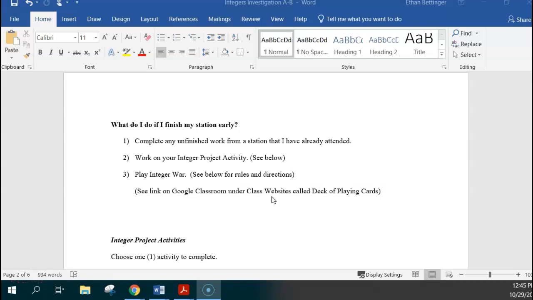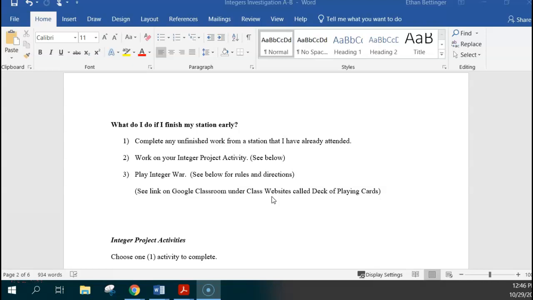So the first station, if you finish it and time is not up yet, you don't have anything to do. So you go to step number 2. Work on your integer project activity. Okay, that's what I'm about to explain here in a minute. If you have unfinished work, and that's all done, your integer project is done, then you can play integer war.